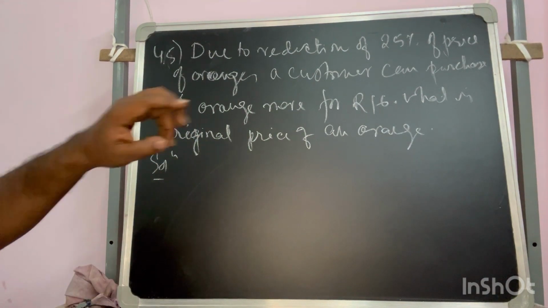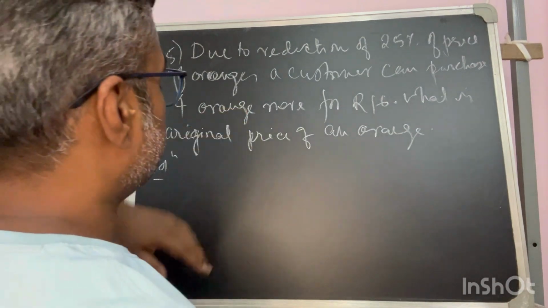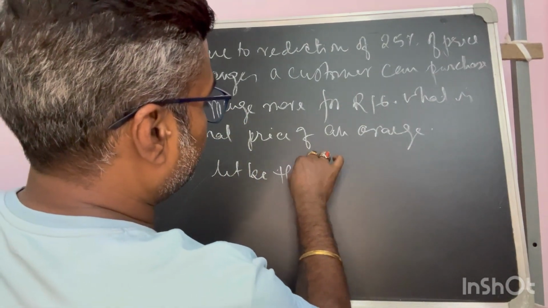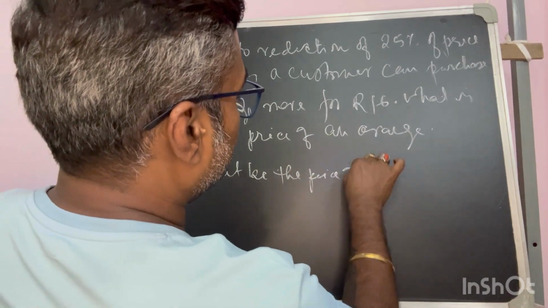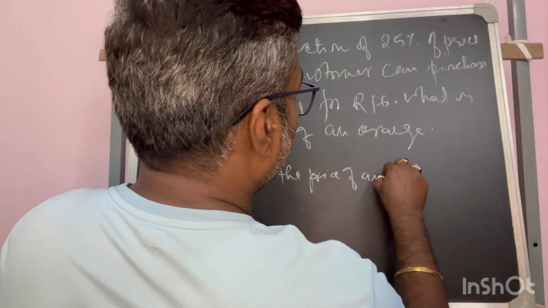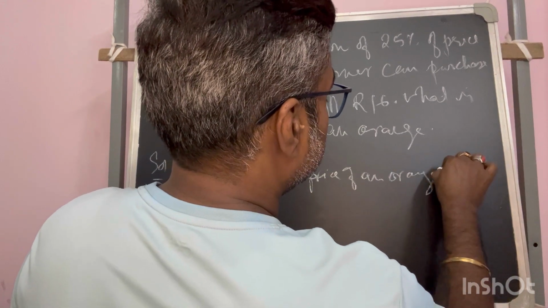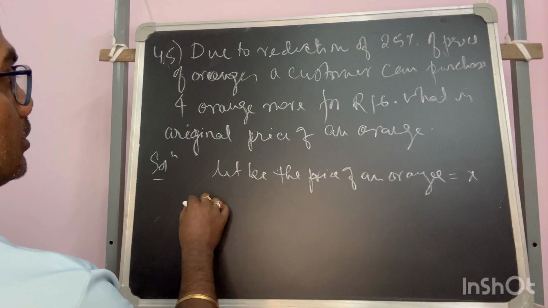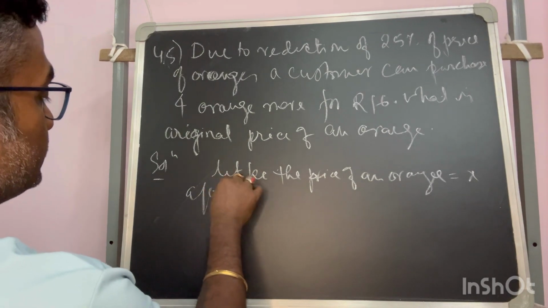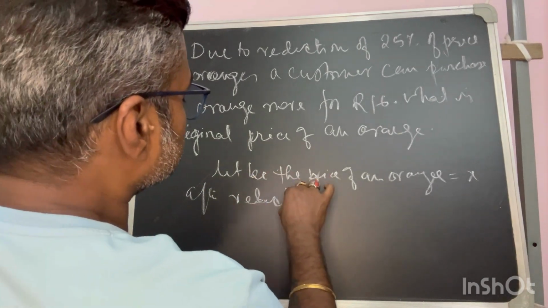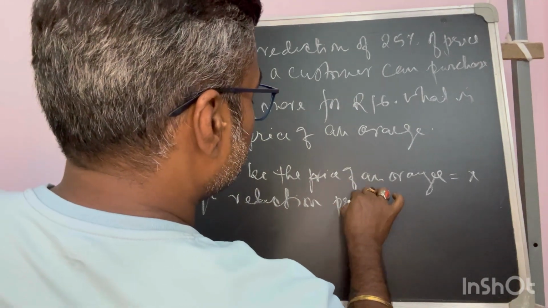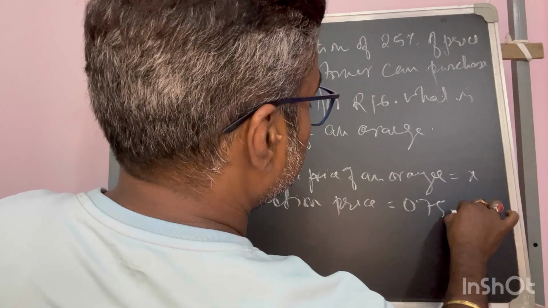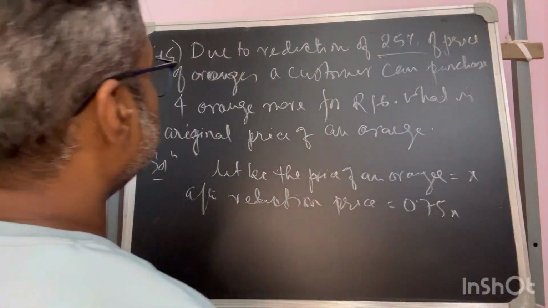Due to the reduction of 25% price of the oranges, let the price of an orange that is to be calculated be X. So after reduction, the price will become 0.75x, since 25% is reduced.